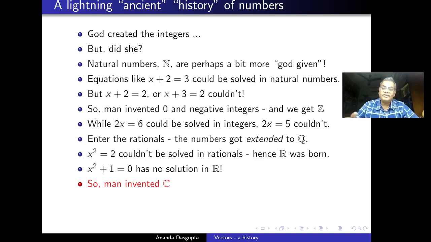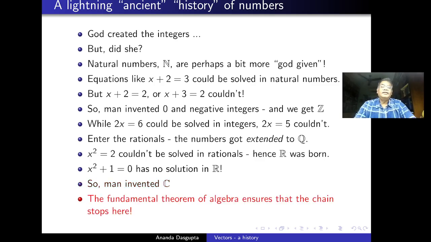And now this chain apparently comes to an end, because there is something called the fundamental theorem of algebra, which says that any polynomial equation that you can write down with complex number coefficients will always have at least one solution in the set of complex numbers.